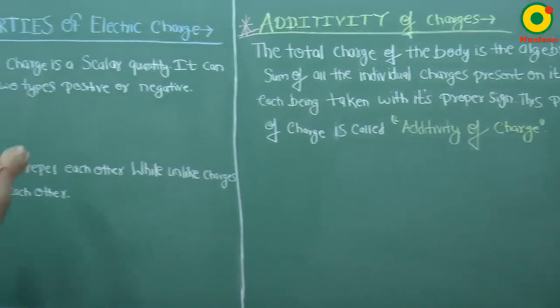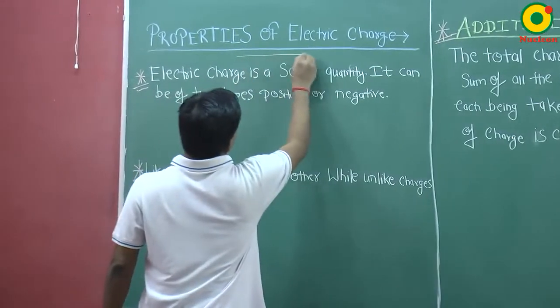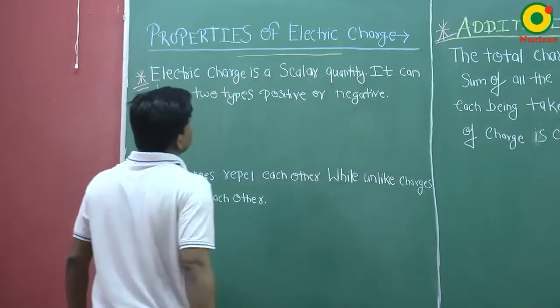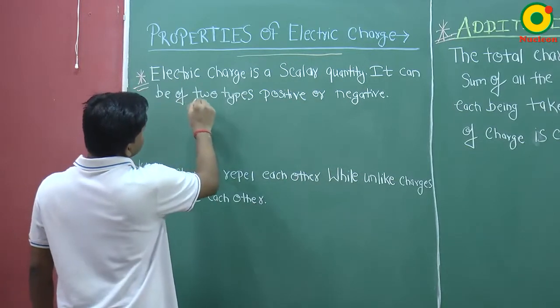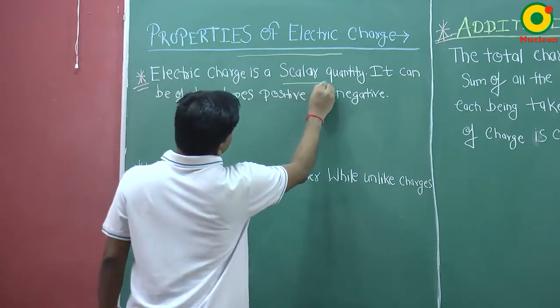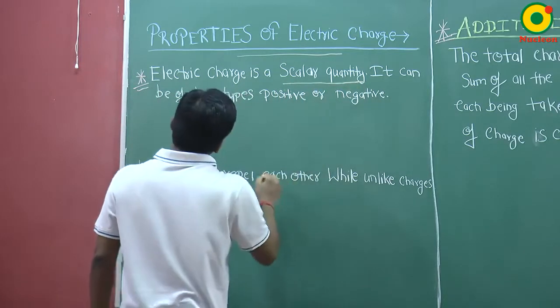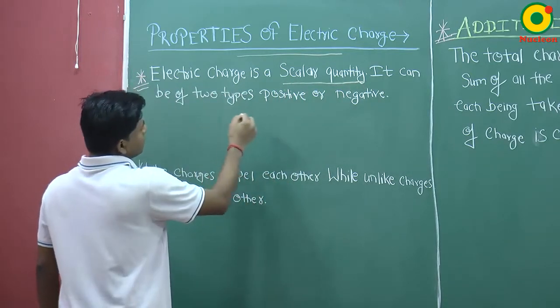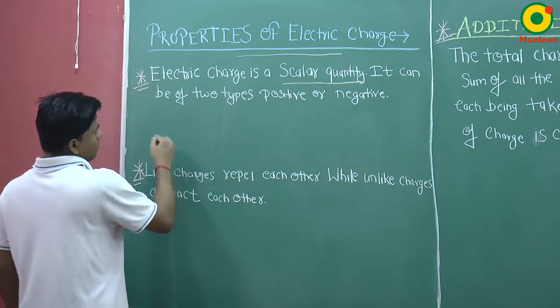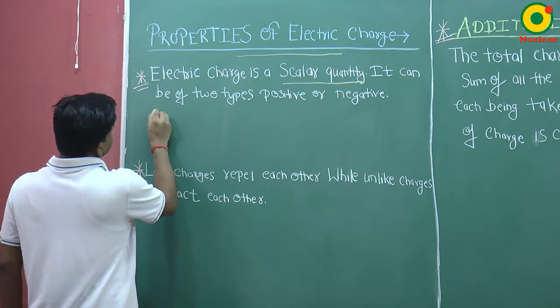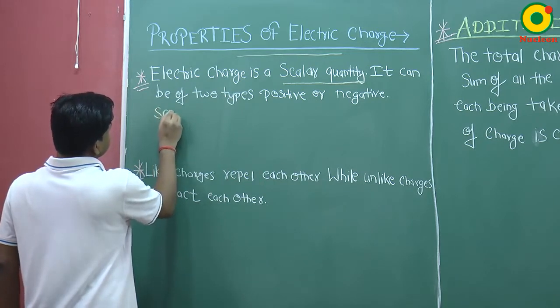Now we are going to discuss the properties of electric charge. The first property says that electric charge is a scalar quantity. It can be of two types, positive or negative. I hope you are aware of the terms scalar and vector.